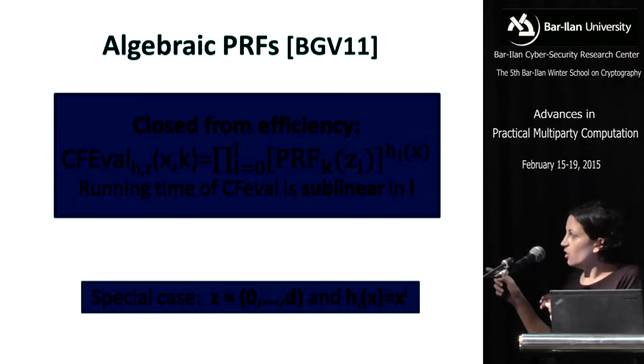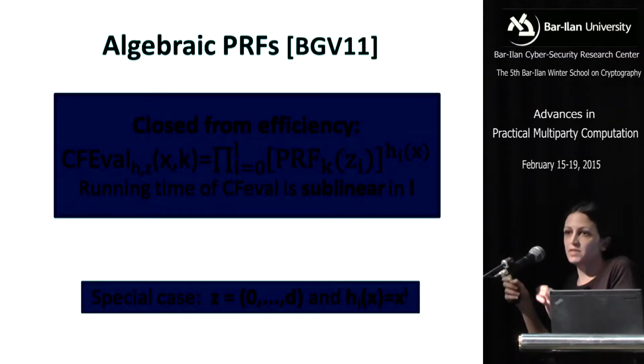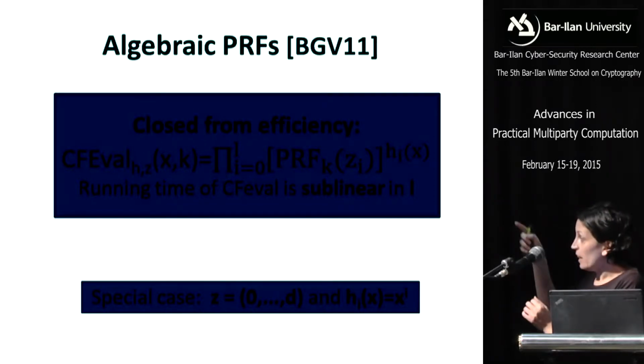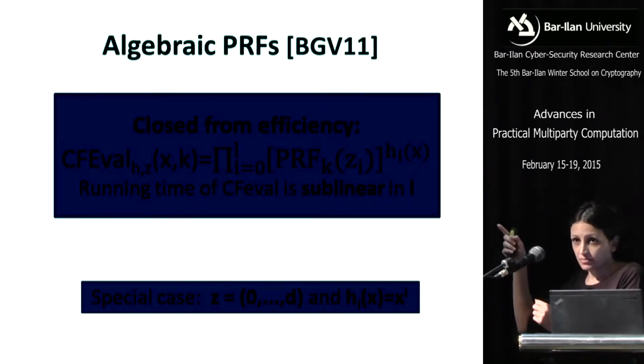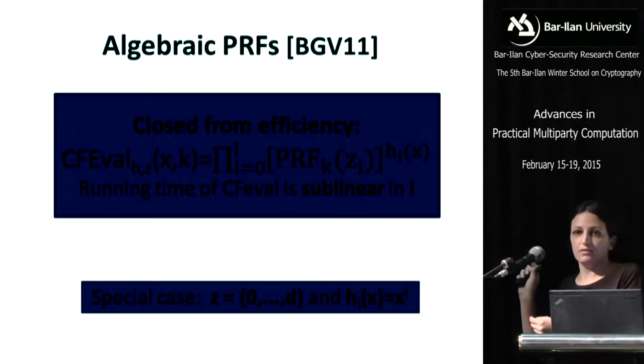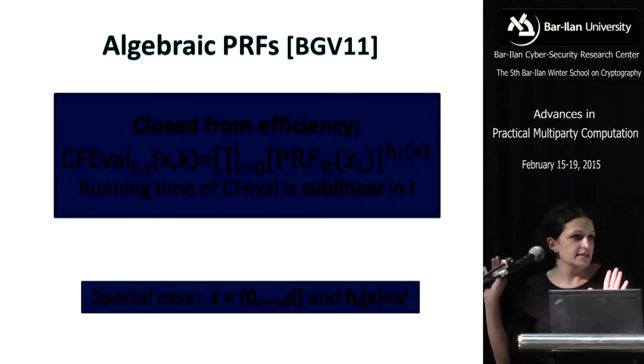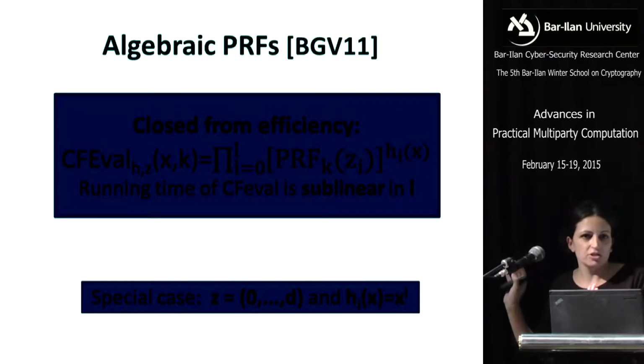So this Eval computation essentially computes the product of d plus 1 PRFs evaluated at the sequential values from 0 to d, where each PRF evaluation is raised to the power x^i. That's the batch computation.